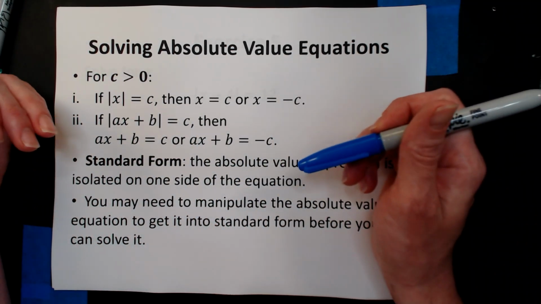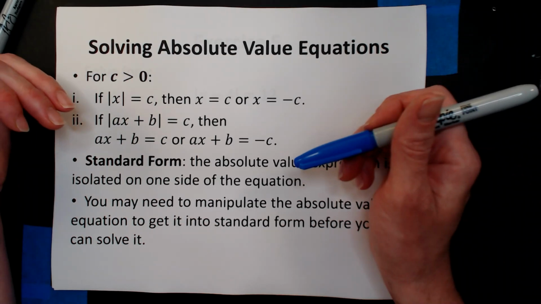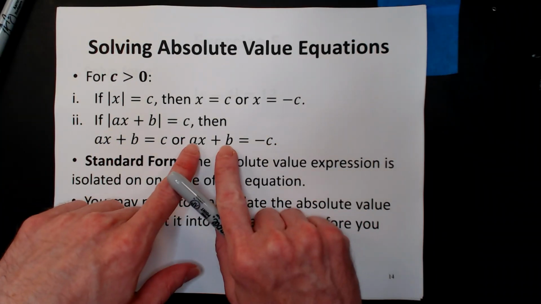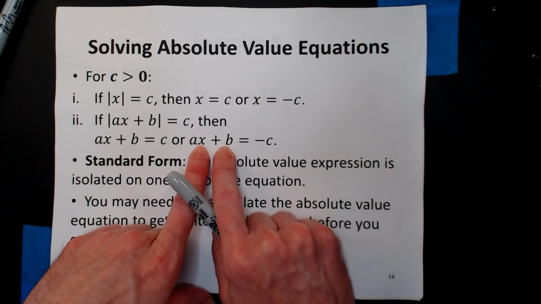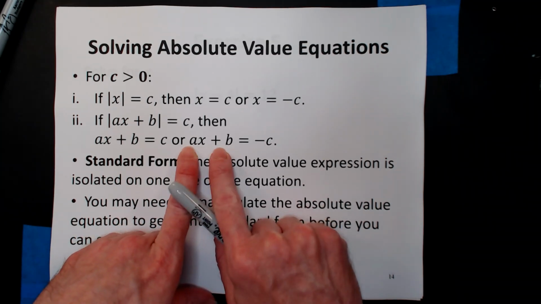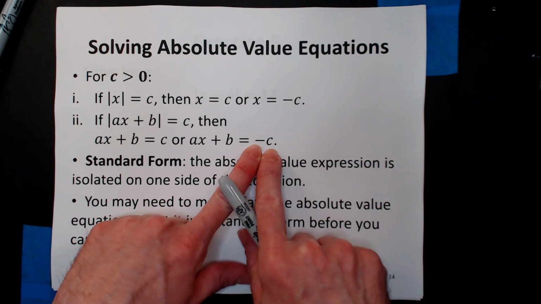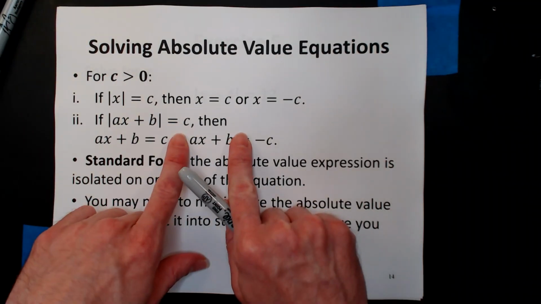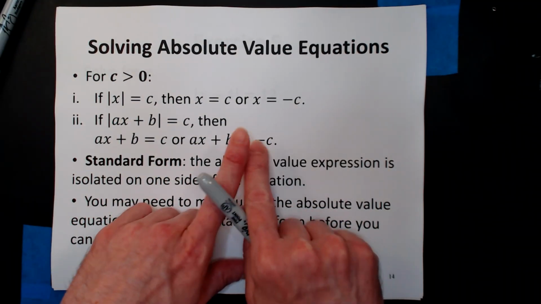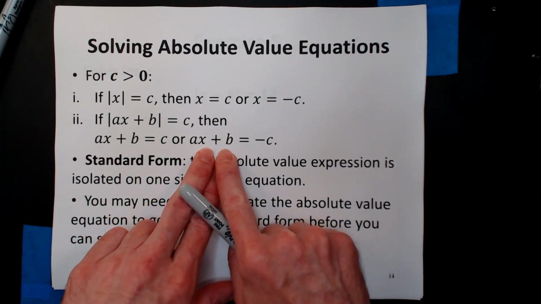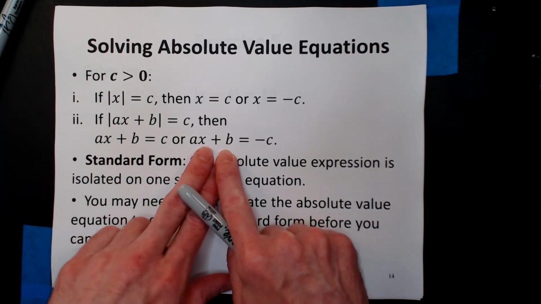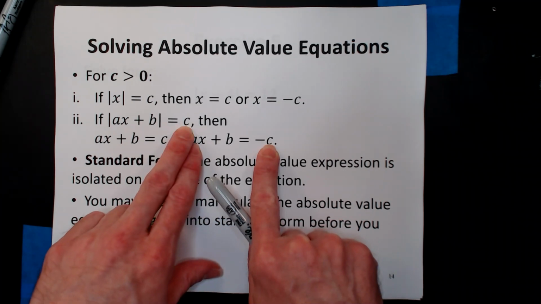I know some of y'all were probably taught, and I've seen it in past schools, to change the sign on the left-hand side, and I prefer not to do that because you have two signs to change instead of just one on the constant. Either way works, but I prefer to keep the inside the same as it was, equal to the negative of what was on the outside.